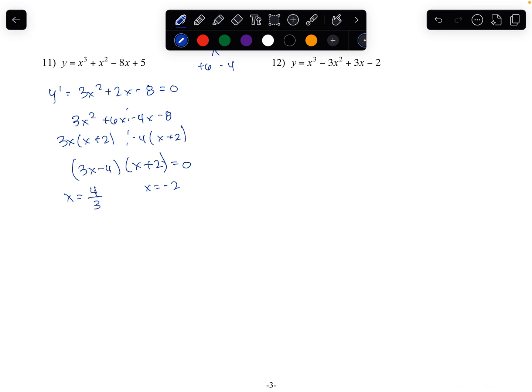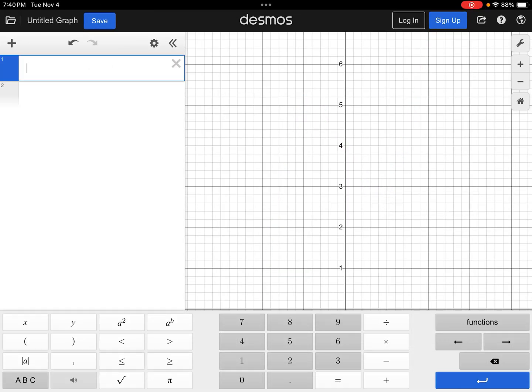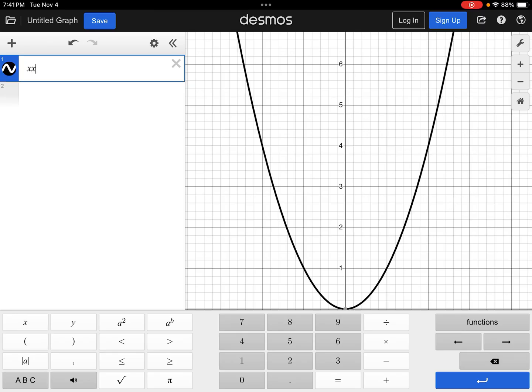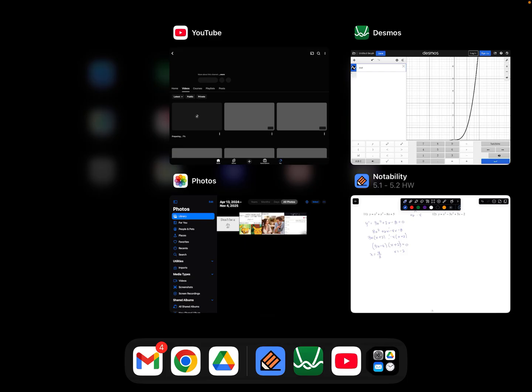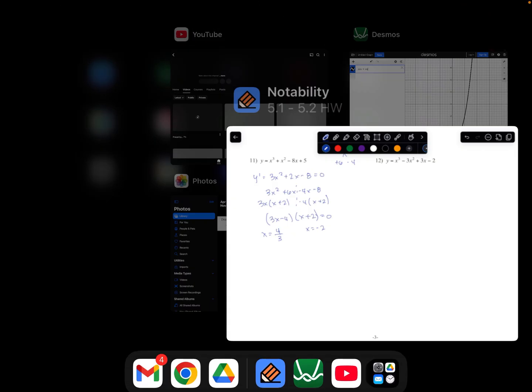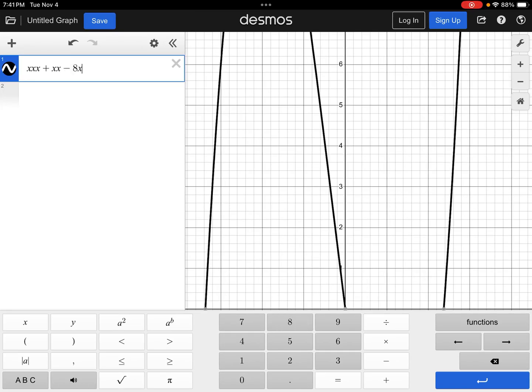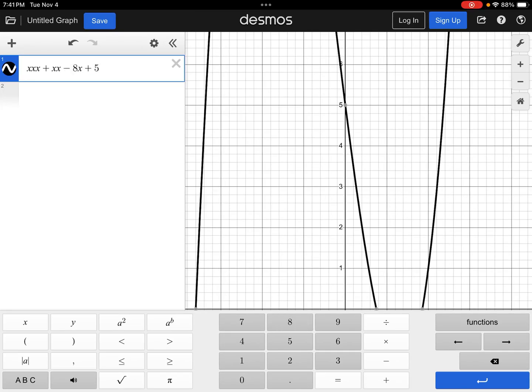And again, I'm just going to go right to graphing this for the sake of time. So we have x to the third plus x squared minus 8x plus 5.